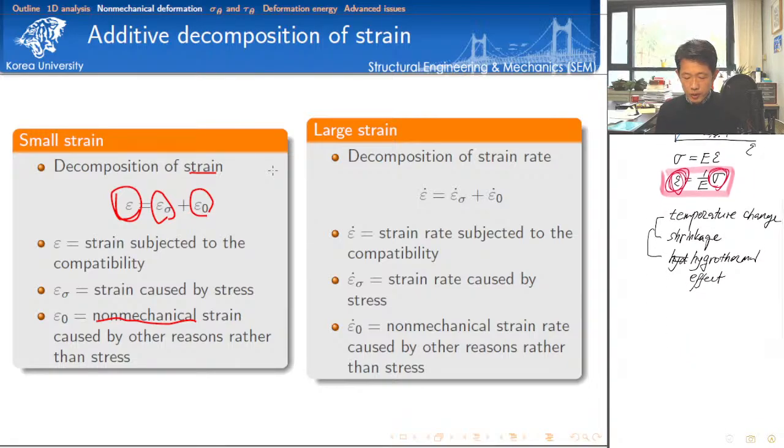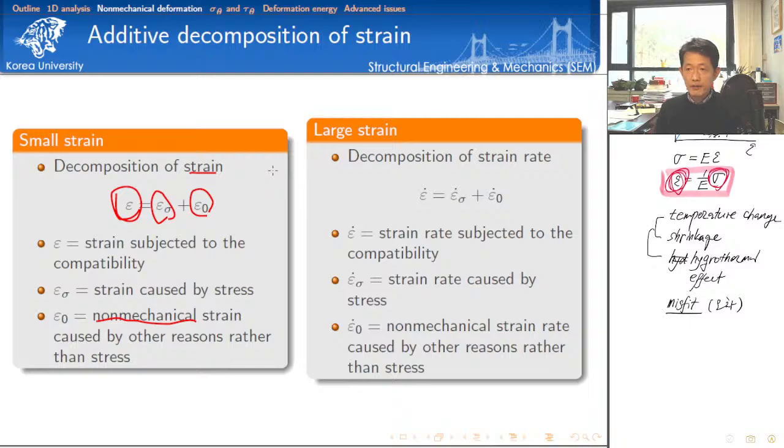Also, we'll talk about later, the same effect may be caused by misfit. So we have various reasons to have such non-mechanical strain contributions. This is for the small strain.